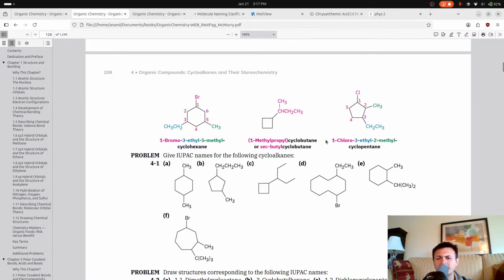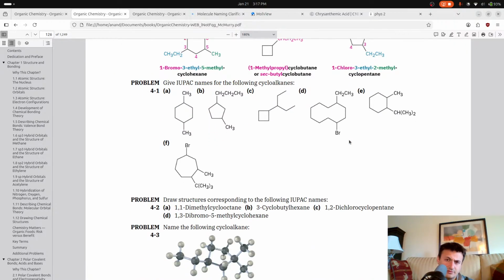Actually, is quat anything? Quat isn't a thing, I think. I forget if quat's a thing. Okay, 1-chloro, 2-methyl, 3-ethyl. So in this case, if you wrapped around, you still wouldn't get it. So you can't change this one.